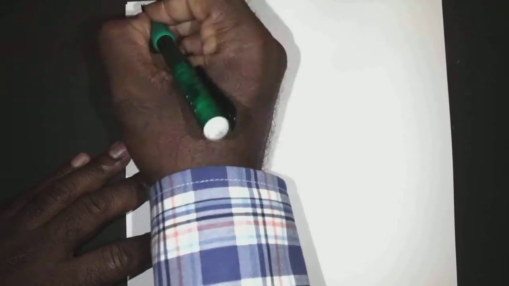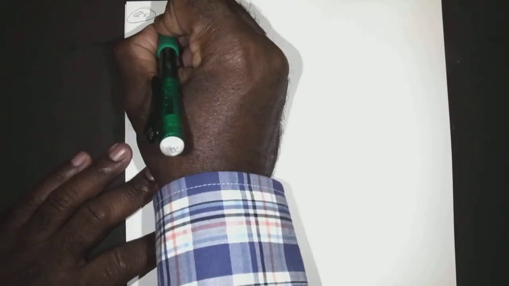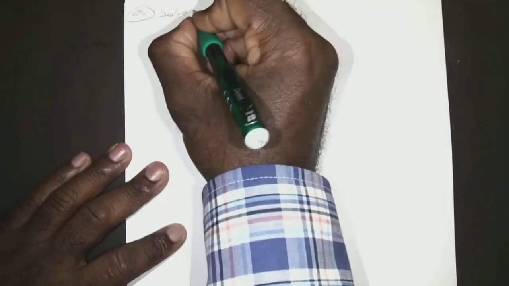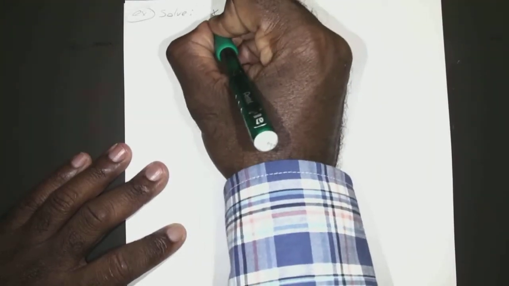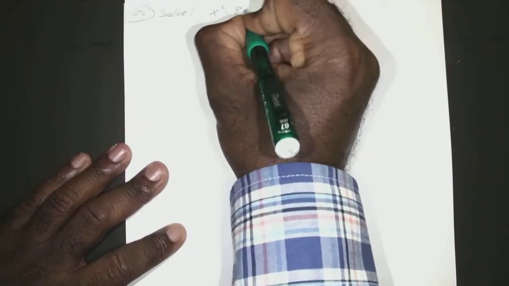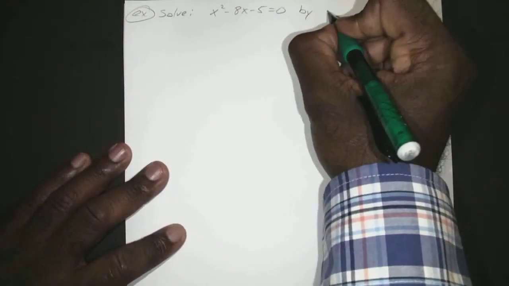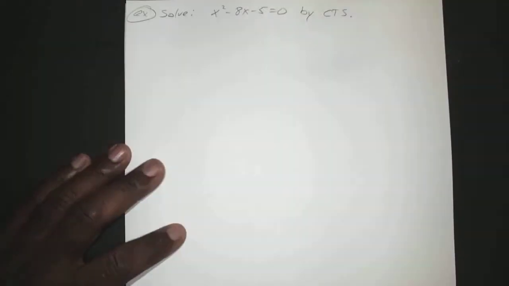Let's do a quick couple of examples. Okay, so let's say we wanted to solve x squared minus 8x minus 5 equals 0 by completing the square.